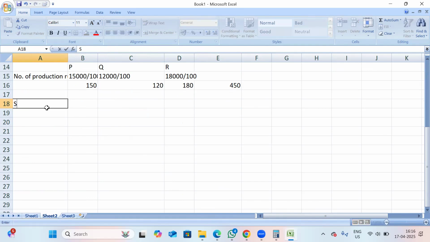So the second statement is the statement showing overheads allocation.